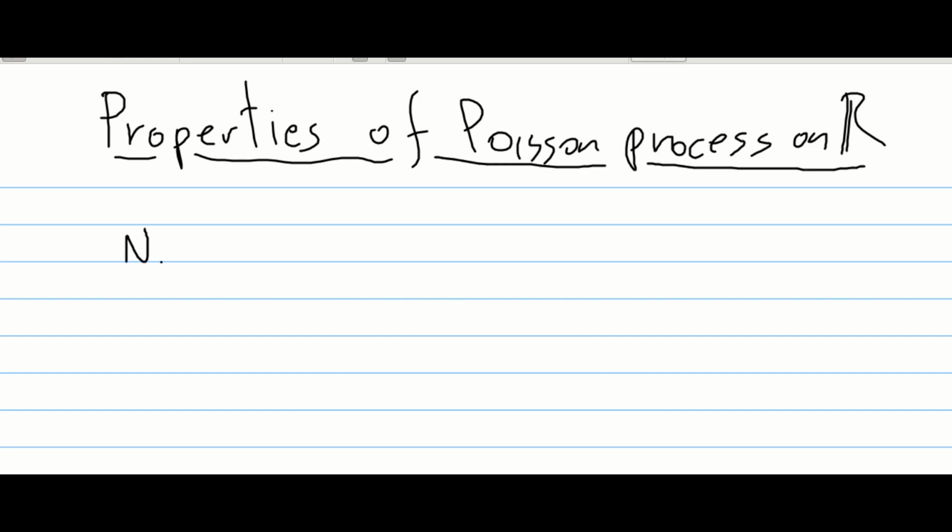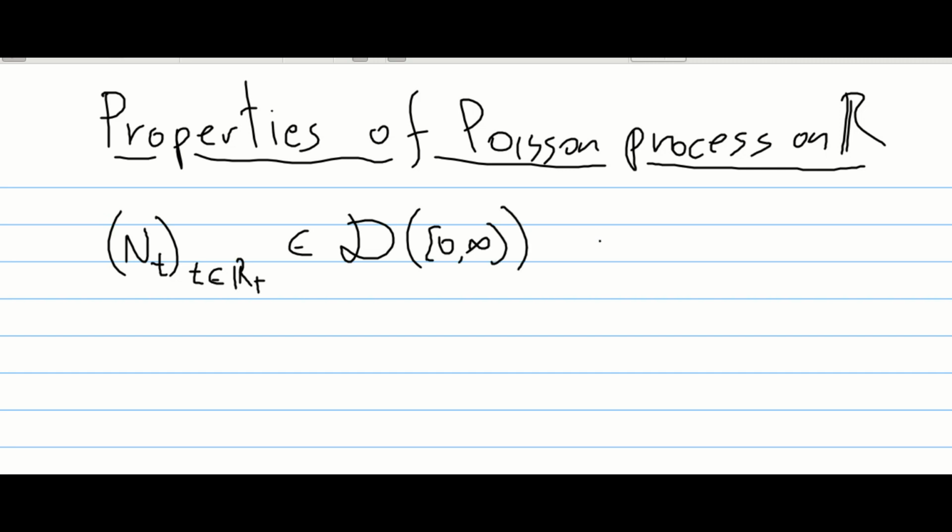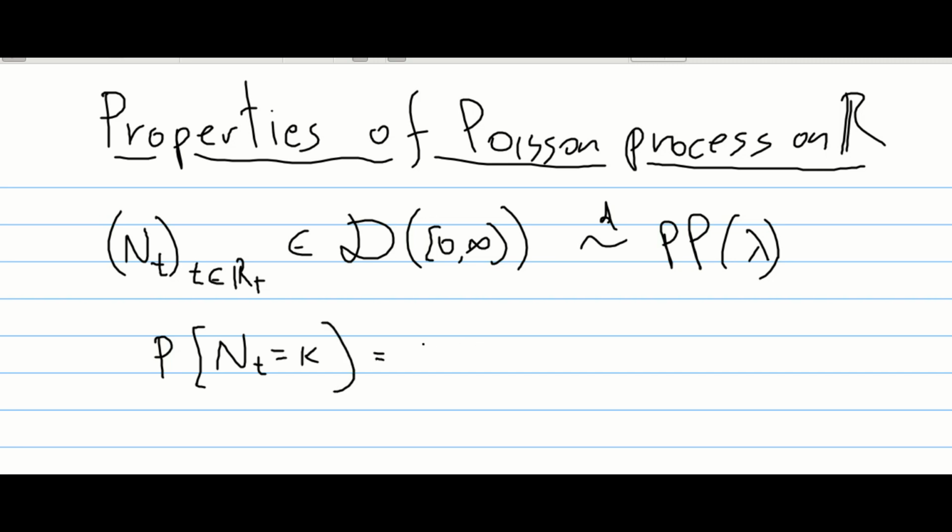If you take N_t, a function in the space of càdlàg functions on the positive real axis, and it is distributed as a Poisson process with parameter lambda, then the probability that N_t equals k is the same as the probability that a Poisson random variable with parameter lambda t is equal to k.